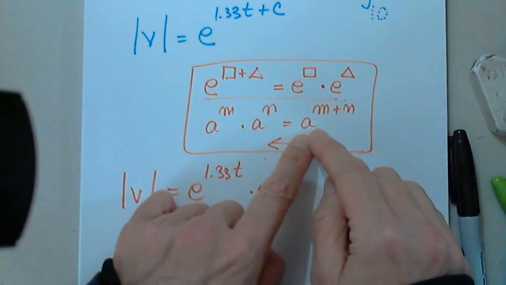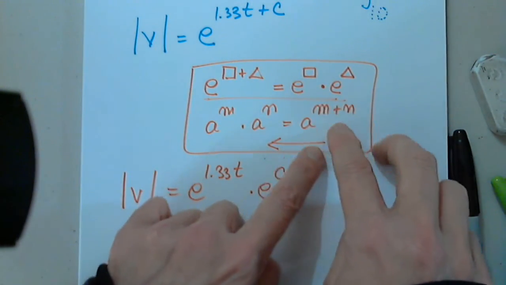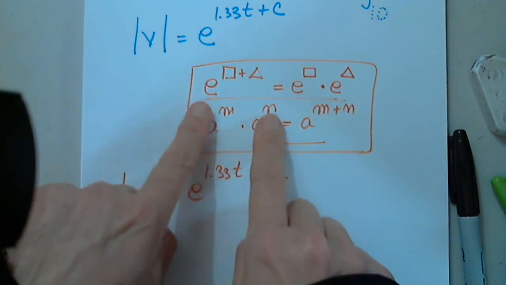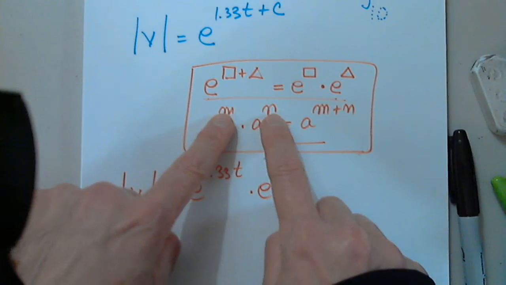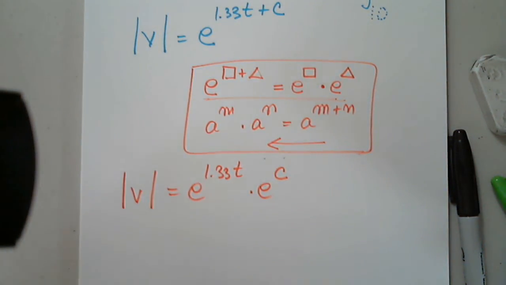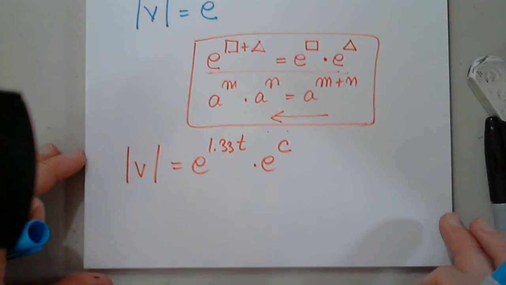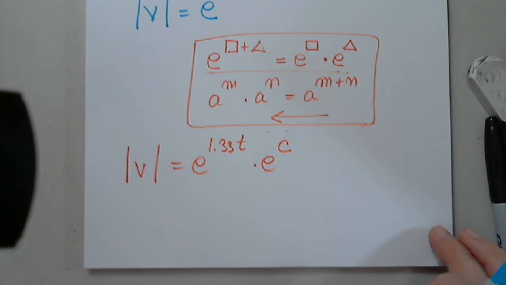If I have a base raised to a sum, it comes from the product of the two exponential notations with the same base, and I just add the exponents. When you say this is clear, then I can continue. Do I get a yes or a maybe?